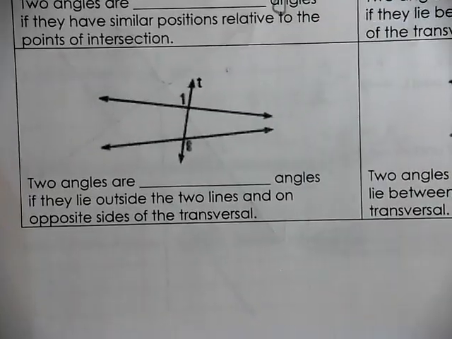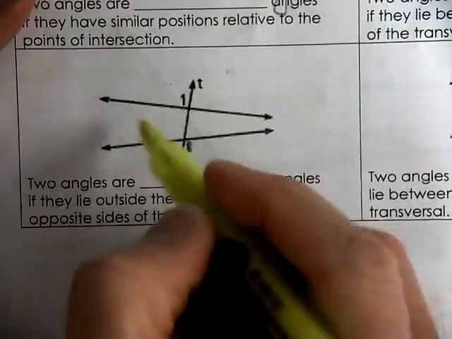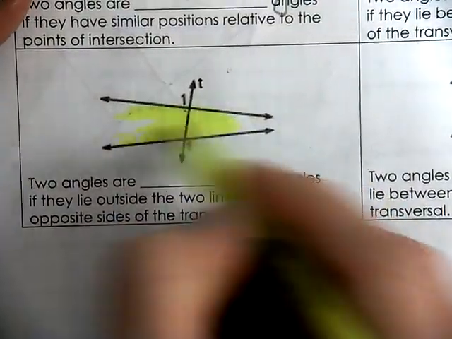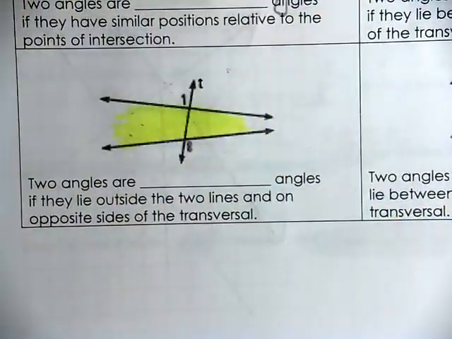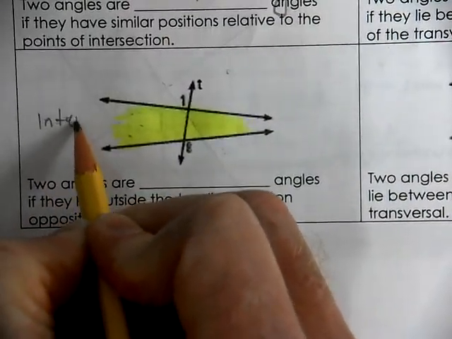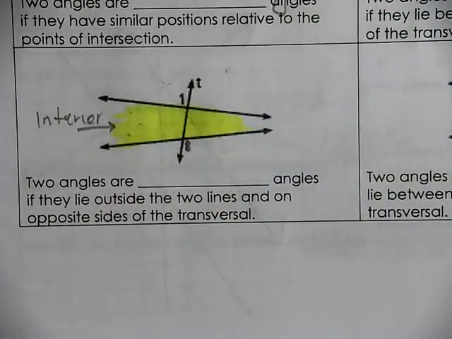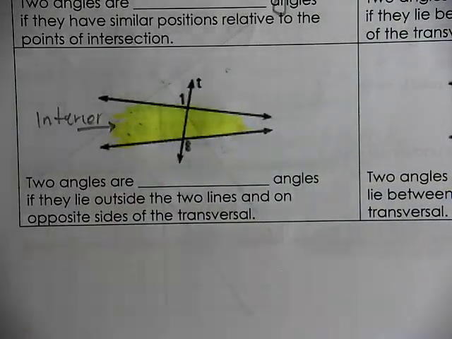Let's look at these. We know that these angles here are considered interior. Those are interior angles. They're in between the two lines. No matter how you turn the lines, those are considered interior.